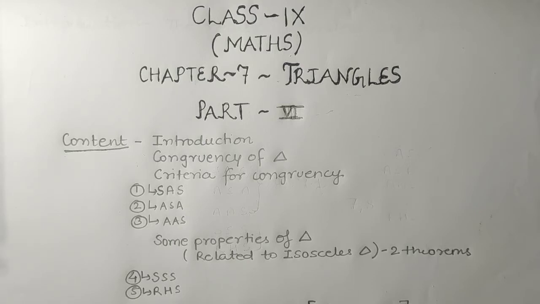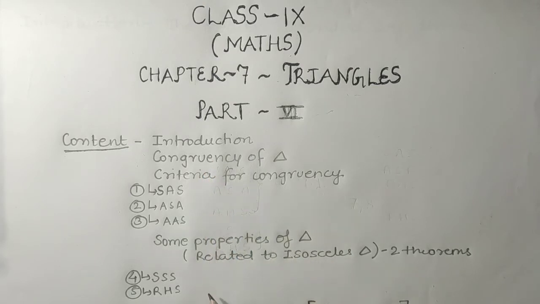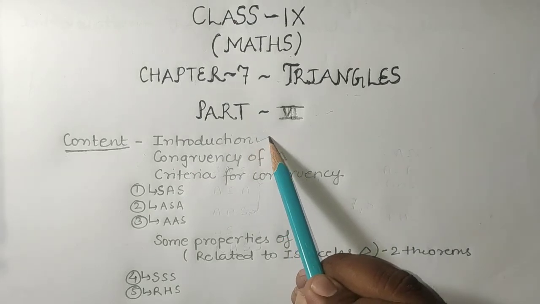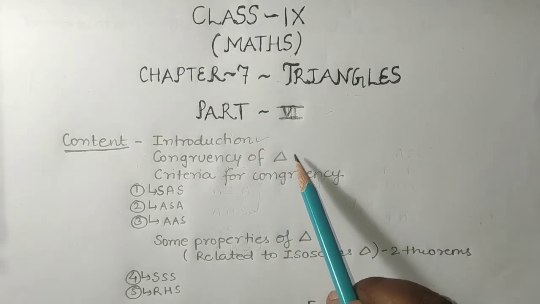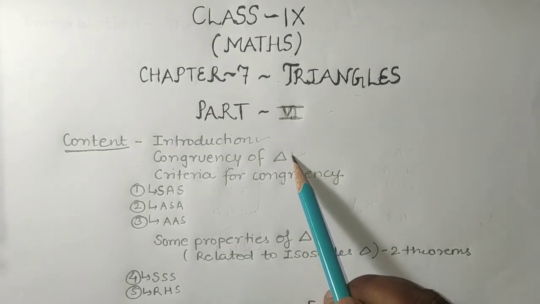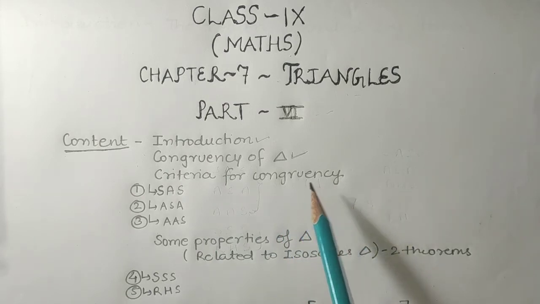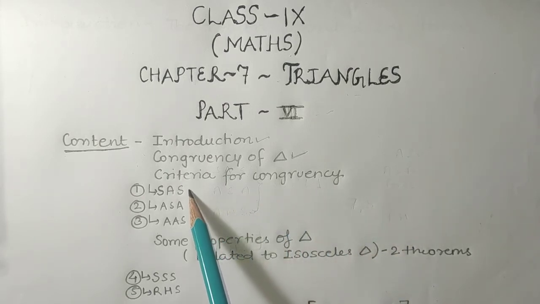Students, till now we have covered these topics that you have to study in this chapter. We covered the introduction of this chapter, and the congruency of triangles, that is, what the congruency of triangles is. Then criteria for congruency: side angle side criteria, angle side angle criteria, and angle angle side criteria.